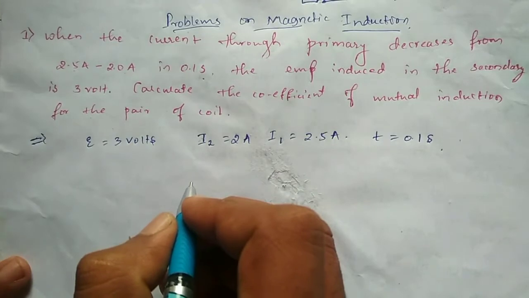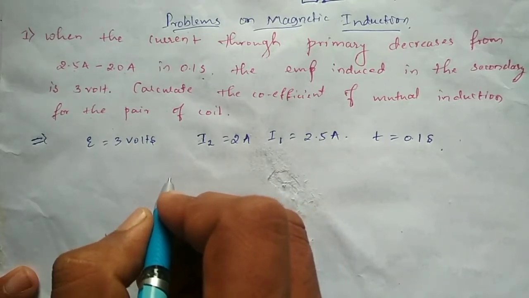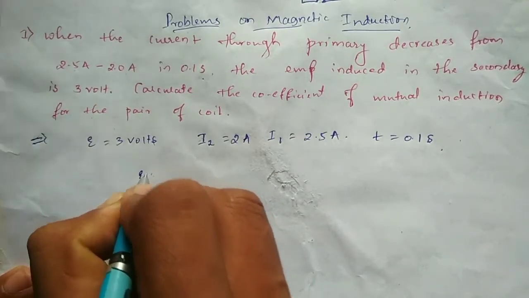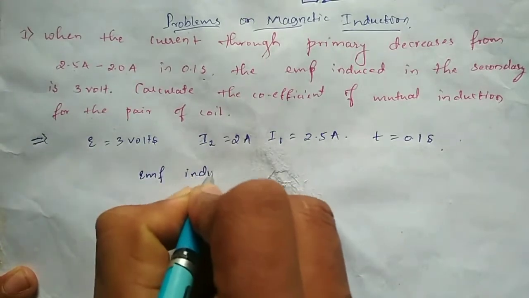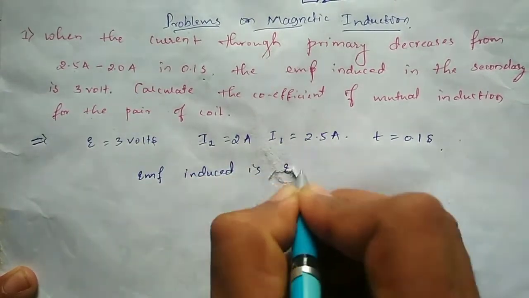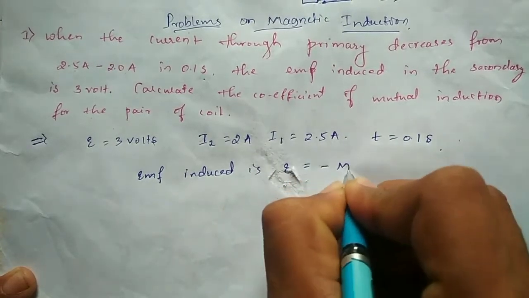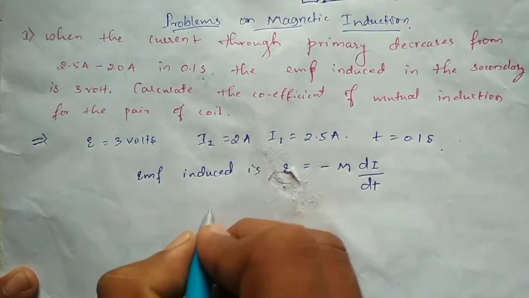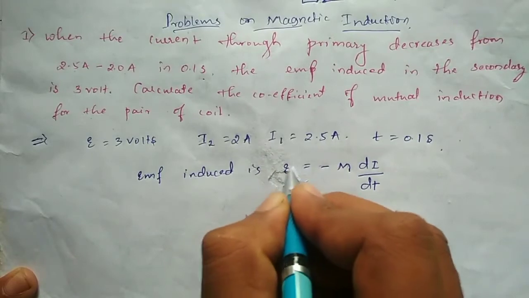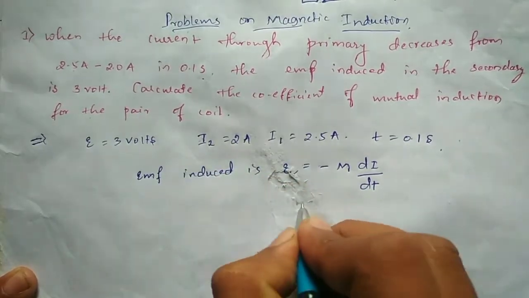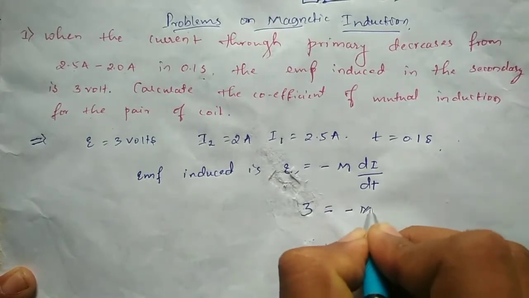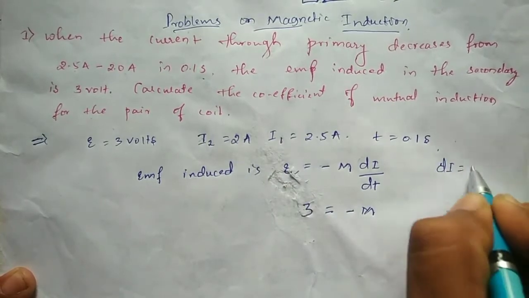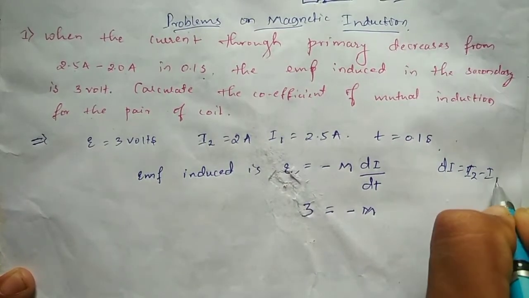So you know that the induced EMF, epsilon, is equal to minus M into dI by dt. Put the values: epsilon is 3 volts equal to minus M, and dI is nothing but I2 minus I1.